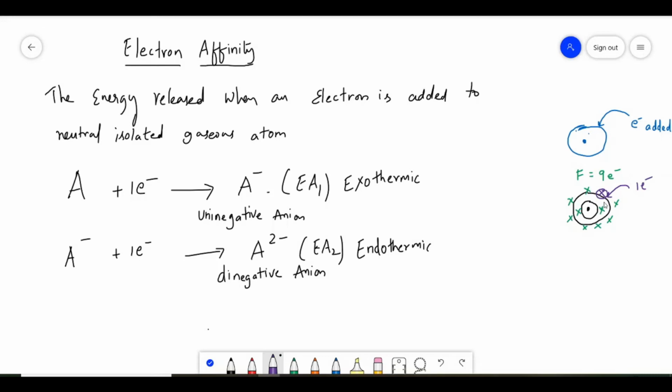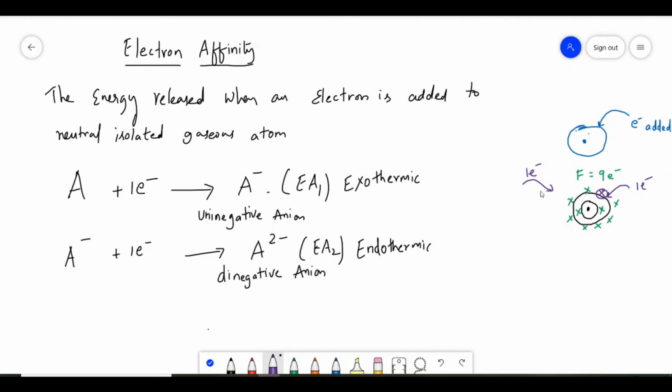Whenever an electron is added, the energy is released. Now to this atom, we are adding one more new electron, the second electron. The electron added in the first step will repel the second electron. Whenever there is repulsion, this electron is not easily added into this atom.